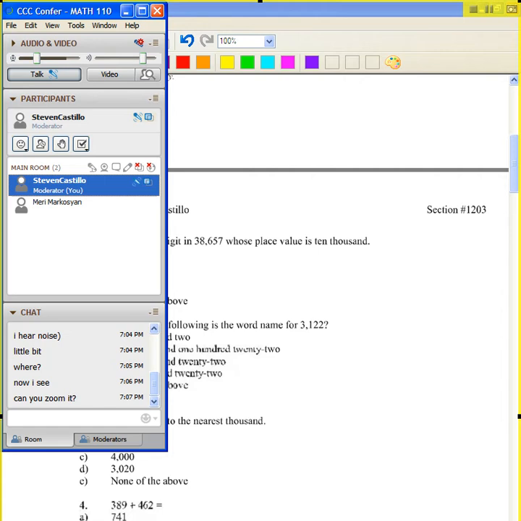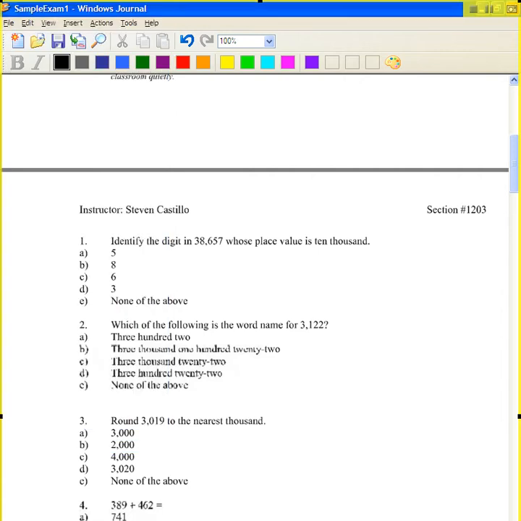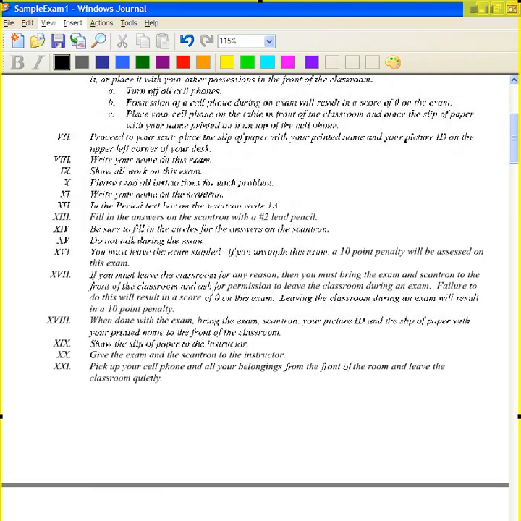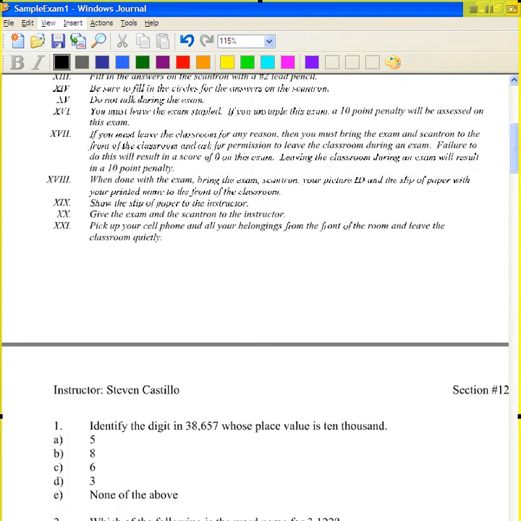Can you zoom in? I can make it a little bit bigger. By the way, you can also zoom in on your screen yourself where it says fit to screen.